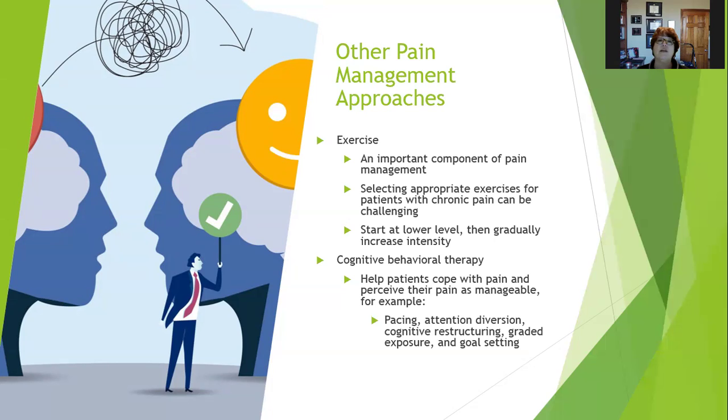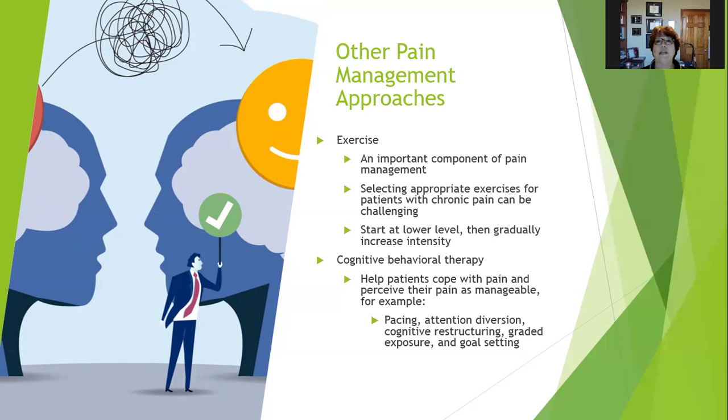Cognitive behavioral therapy is often used to help patients cope with pain and perceive their pain as manageable. An example of some of the things that are used with cognitive behavioral therapy are pacing, attention diversion, cognitive restructuring, so rethinking how you relate to the pain, graded exposure, and goal setting.